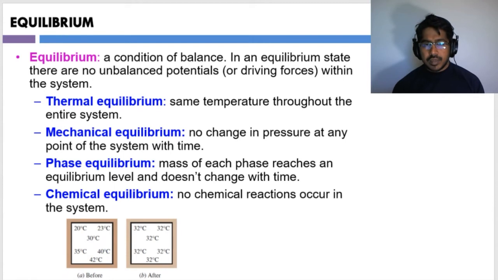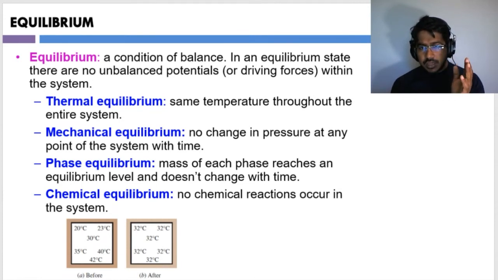So if we take the coffee cup again, the pressure at a given point does not change from one point to the other, right? So it is in mechanical equilibrium.